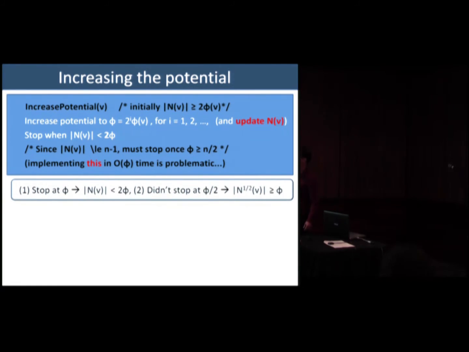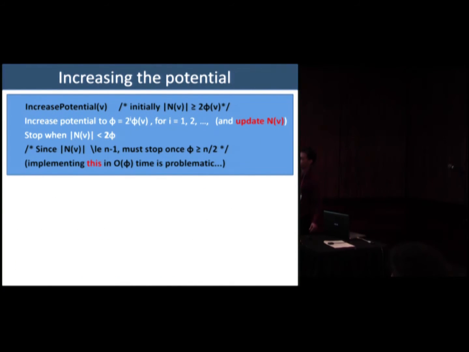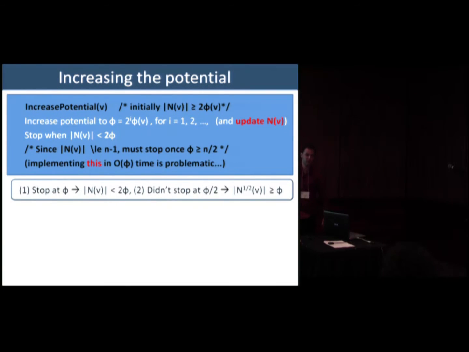But we didn't stop earlier than that. We didn't stop at the previous attempt at potential value phi over 2. So at that stage, this test failed. What do we get from this failure? If you look at the set N of V at the previous potential value, it is exactly the set N of phi over 2 of V right now.